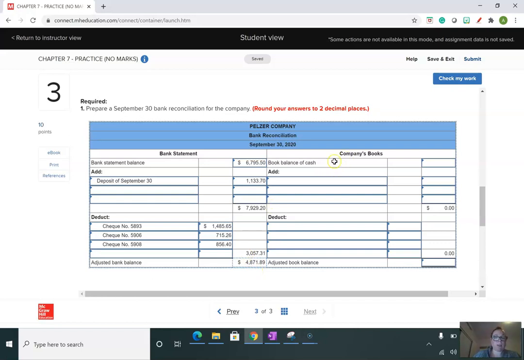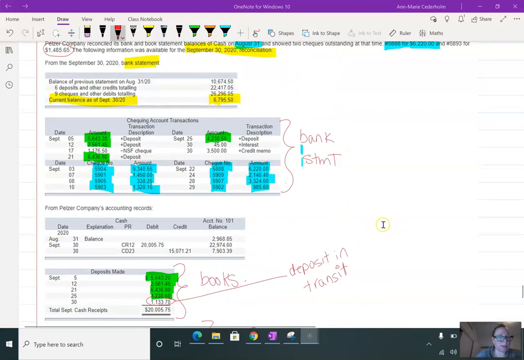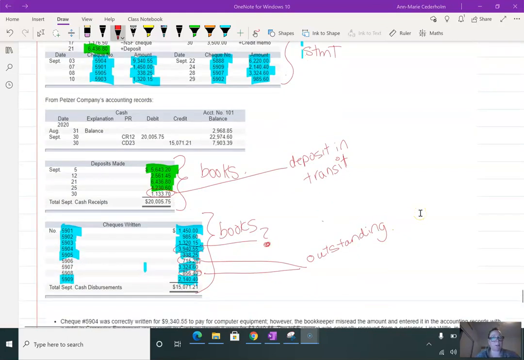But let's start by identifying what I currently have at September 30th in my books for the end of the month for cash. Again, it's a little bit harder in student life to try and figure out which is the bank statement and which is my balance from my accounting system. But right here, these are also my books.